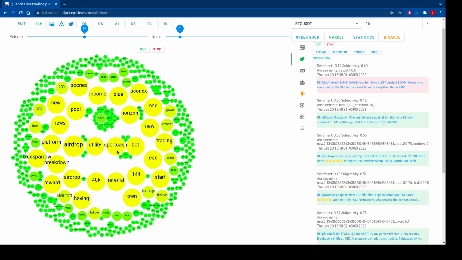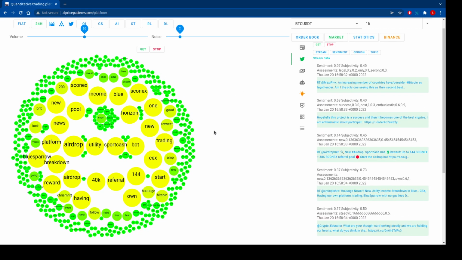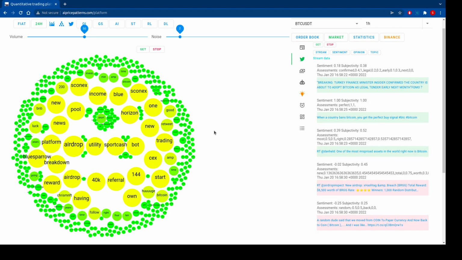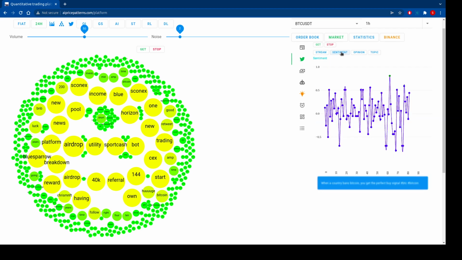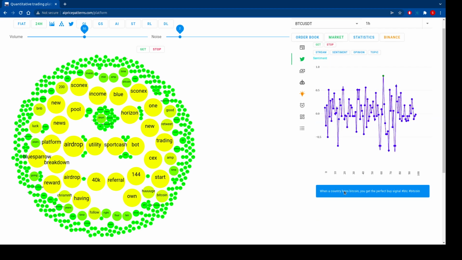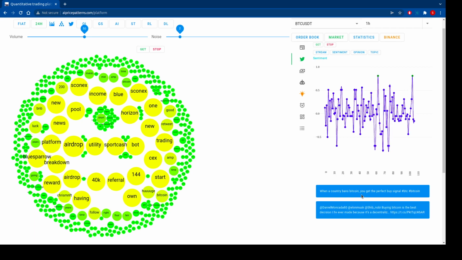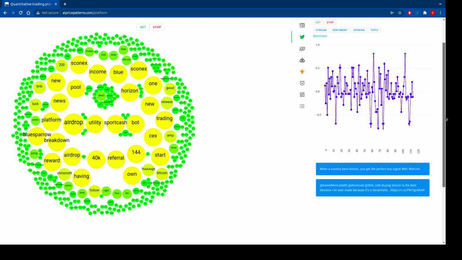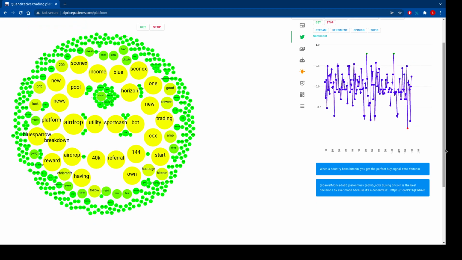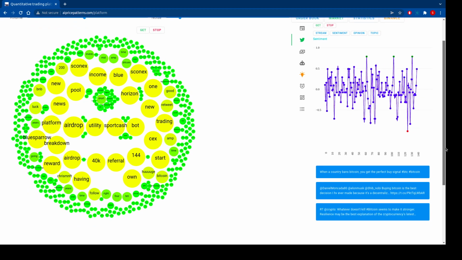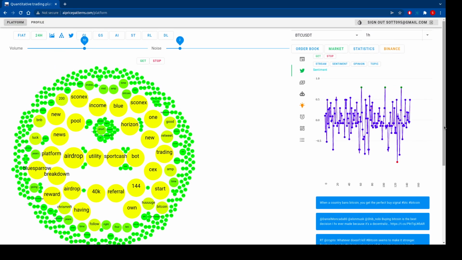For example, I'm trying to find some hot topic, and I did some filter for polarity to understand what the market thinks about the situation at the current moment.